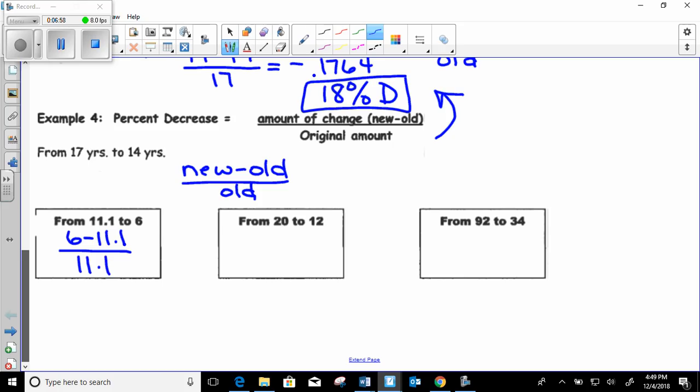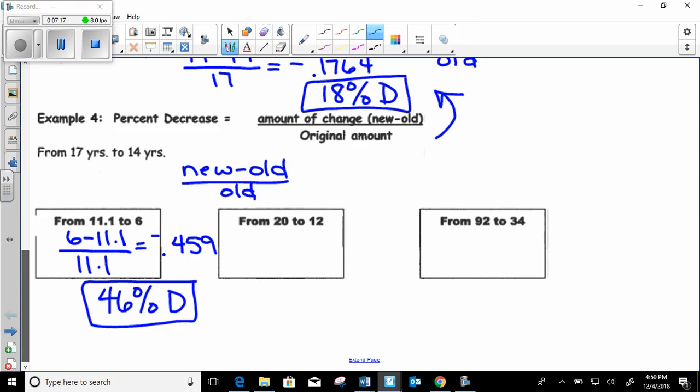When you get your answer, you do get a negative, and again, the negative is just going to tell you that it is a decrease. Then when you divide that, you're going to get a decimal, and it will round to a 46% decrease.